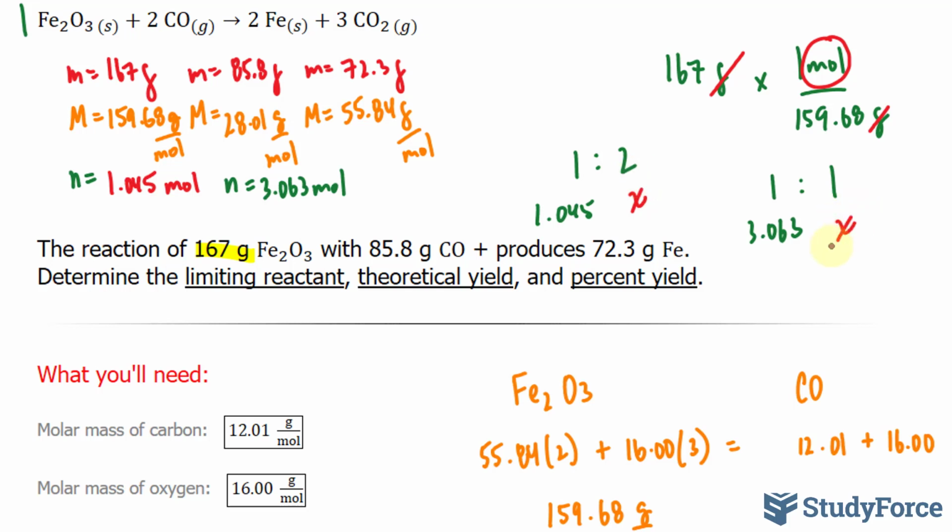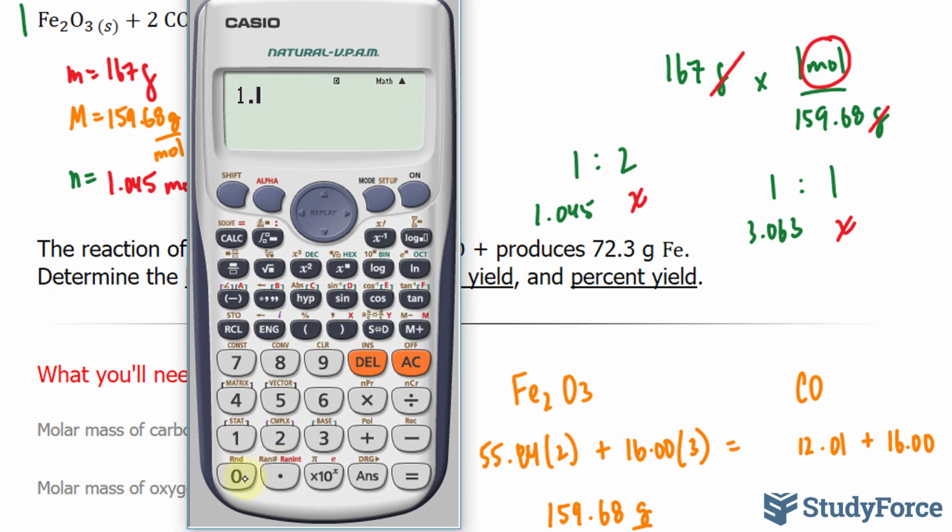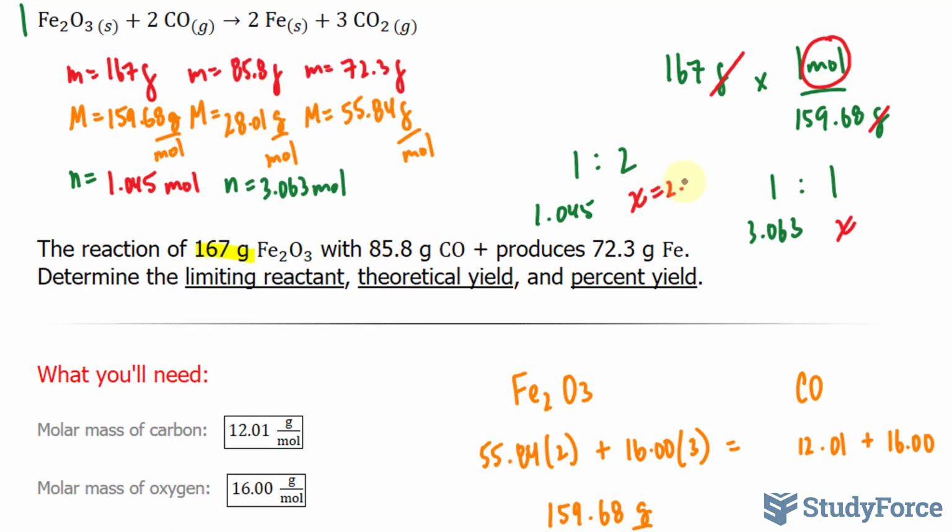And what I'm looking for, since this is a ratio, is the equivalent of iron in both of them. Now to find x here, I'll multiply 1.045 by 2, and then that gives me my x. I'm cross-multiplying. 1.045 times 2, and that gives me an x value of 2.09. The number that is the smaller of the two is the limiting reactant.